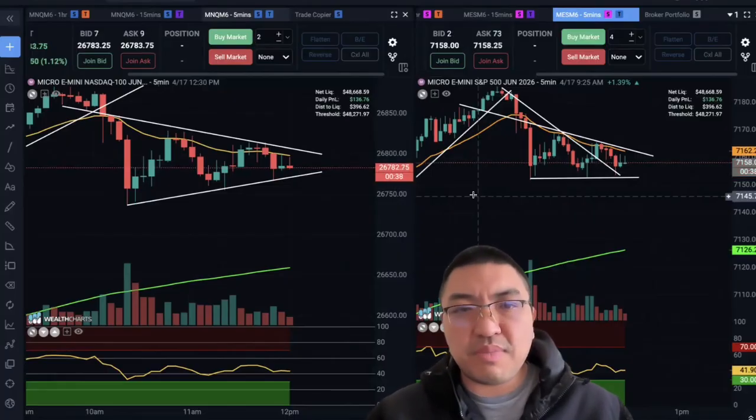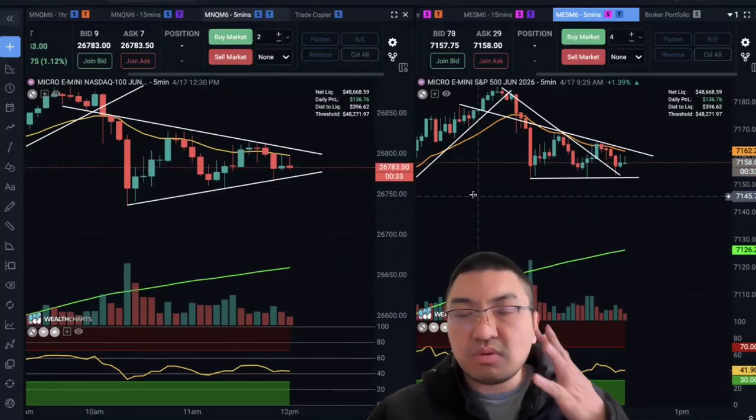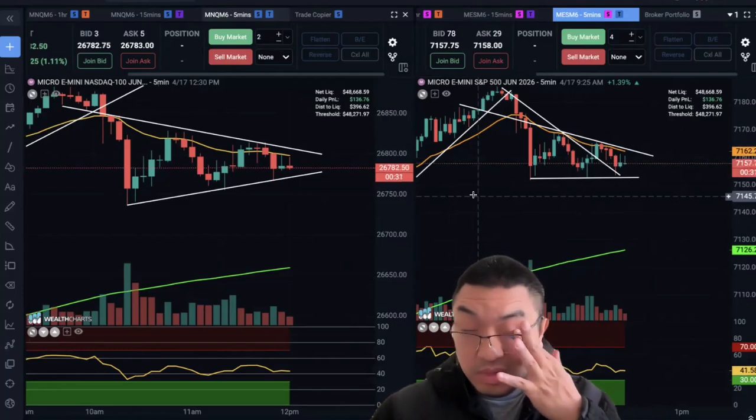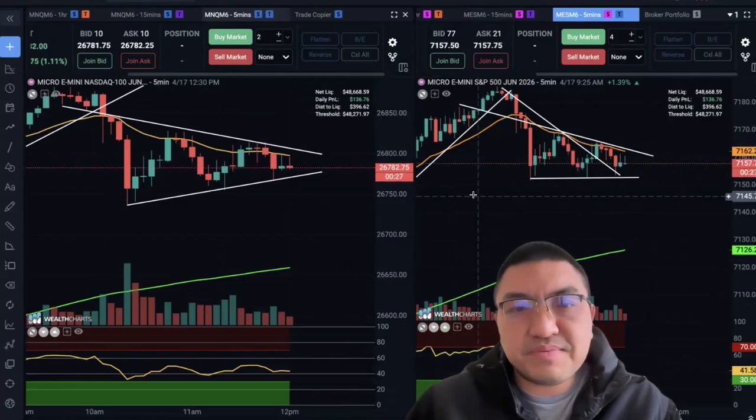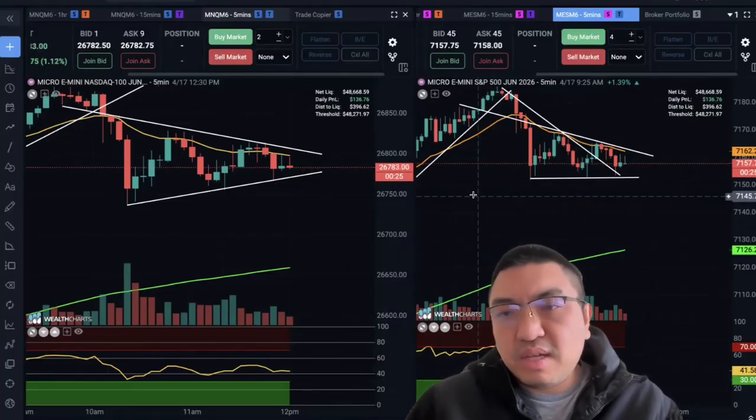Okay, it's still defended by EMA 21, see, and moving downward. If we close underneath, then probably I'll go short from there. We'll see. Now it's still sideways.